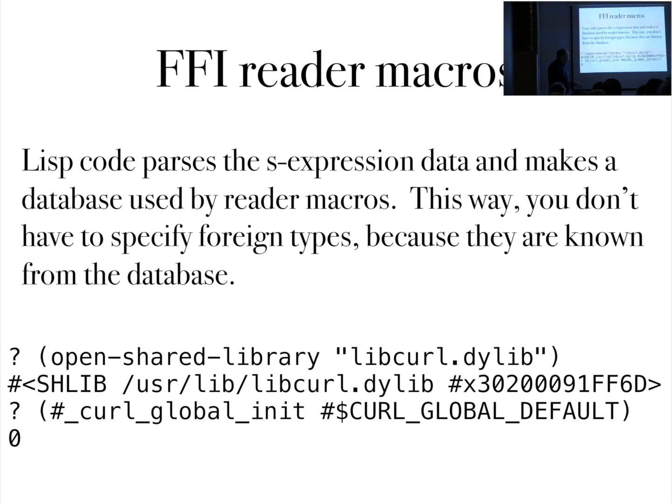And in that case, we can use this convenient reader macro, sharp underbar, to call this foreign code. So we say sharp underbar curl_global_init, and then we can also look up the names of the constants. So there's that header constant from C that we can refer to from Lisp. So that is sort of convenient and cool.